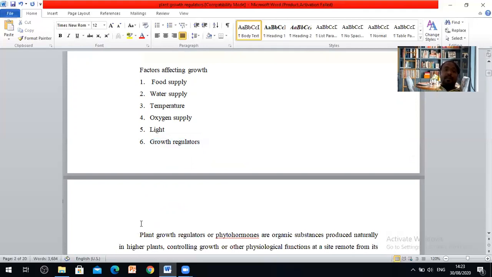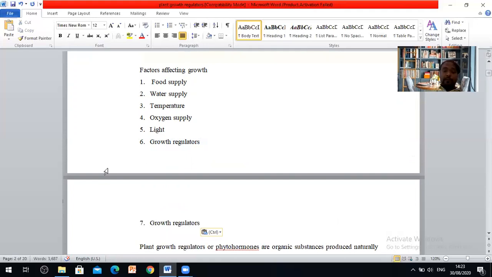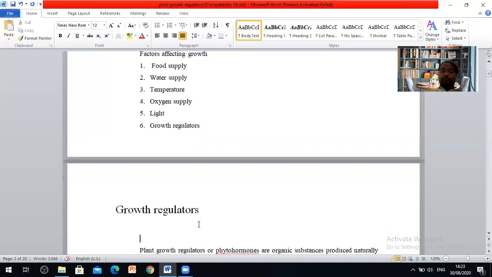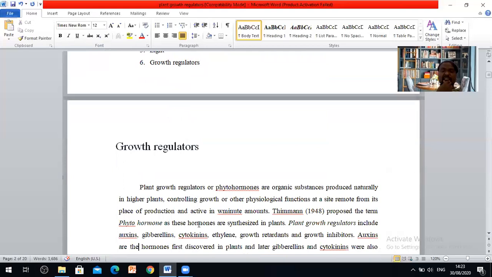Okay, plant growth regulators, and these growth regulators play an important role in the growth and development of the plant. These growth regulators exist in the plant naturally. Okay, and they are present in the plant. They perform different functions in the plant.